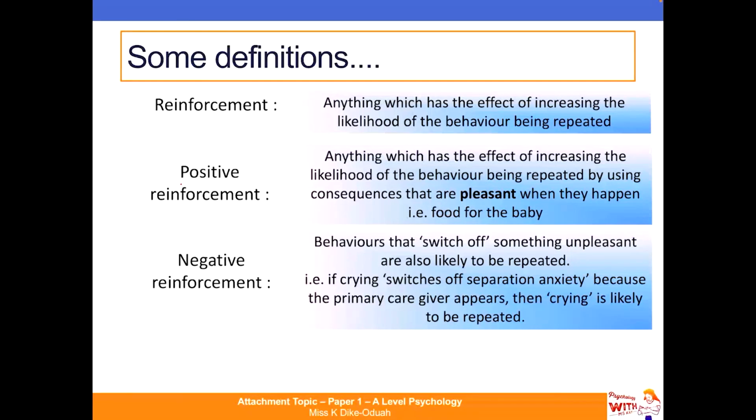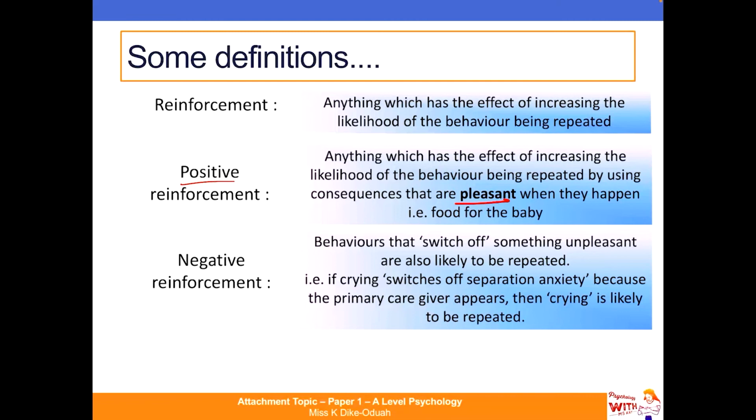We've got positive reinforcement: anything which has the effect of increasing the likelihood of the behavior being repeated by using consequences that are pleasant. In other words, the consequences are positive. A good example would be if a student completes their homework and I give them £5, that £5 is a positive reward. So it's a positive reinforcement. It means that that student is more likely to complete their homework. I'm not giving you guys £5, by the way.